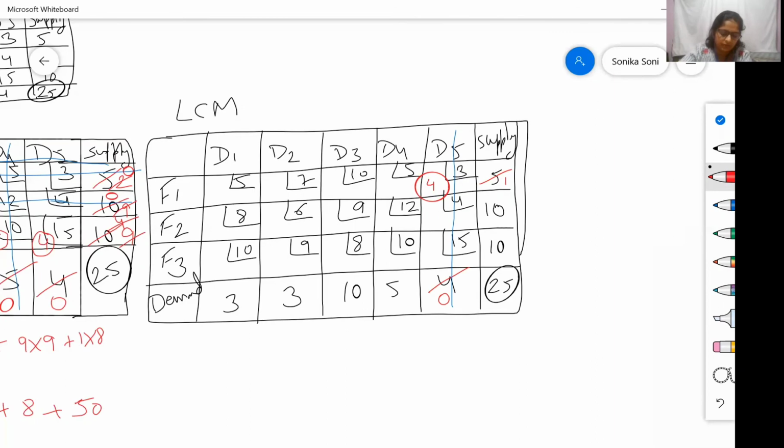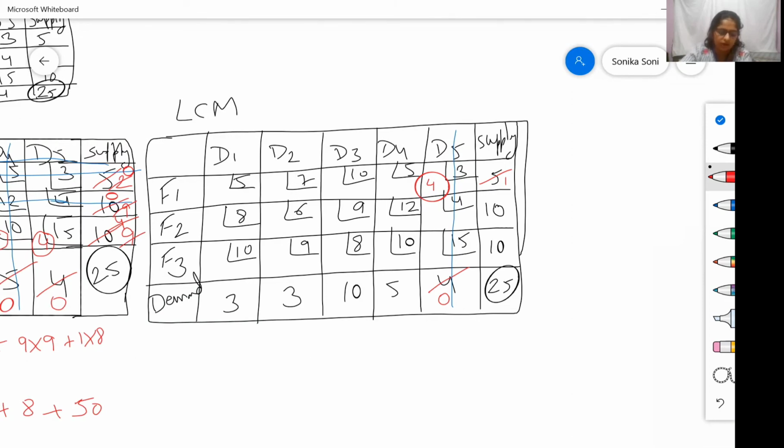If we had supply as something else, maybe 4, we would have gone for D4, because we can allocate 4 there, as the demand is 5 in the D4 column. In the D1 column we have only 3. So if we take F1D1, we can only allocate 3 here.